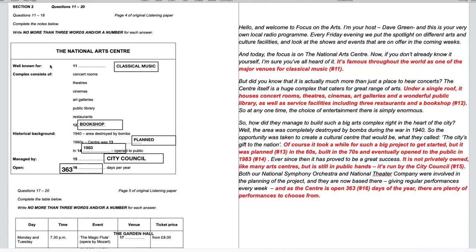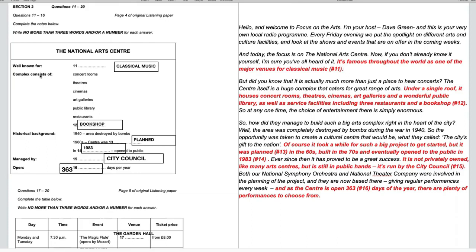And I did mention this when we were going through our keywords. Keep your synonyms close, because the listening exam will use various synonyms, different ways to say things to test your knowledge of vocabulary. And so it said it's famous throughout the world as one of the major venues for classical music. And so we have classical music, 2 words. It fits within our structure, and it is the answer to number 11.